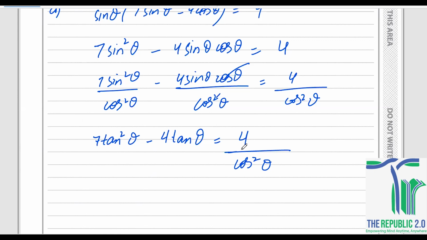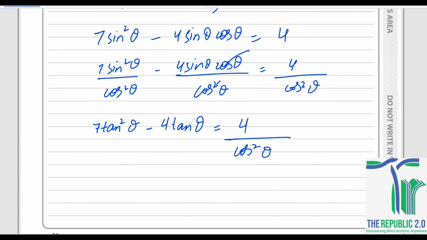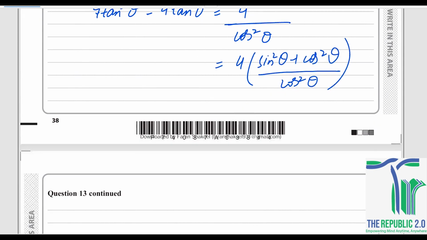And once I've got 4 upon cos squared theta, everybody should know that we can write this as 4 times sine squared theta plus cos squared theta, which is already 1, divided by cos squared theta, right? And the other term as it is.